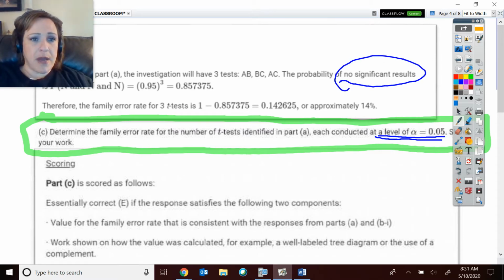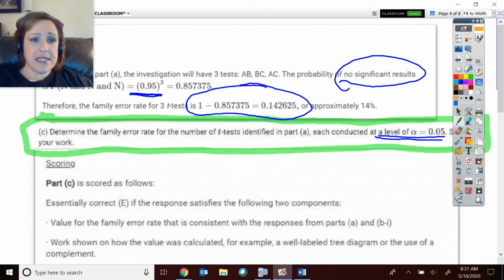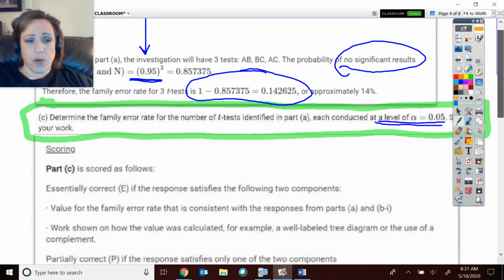So that's 1 minus the probability that all 3 of them are not statistically significant. So 1 minus the probability that none of them are significant. None significant, all good. Okay? All right, so there's that. And you had to show your work on there.